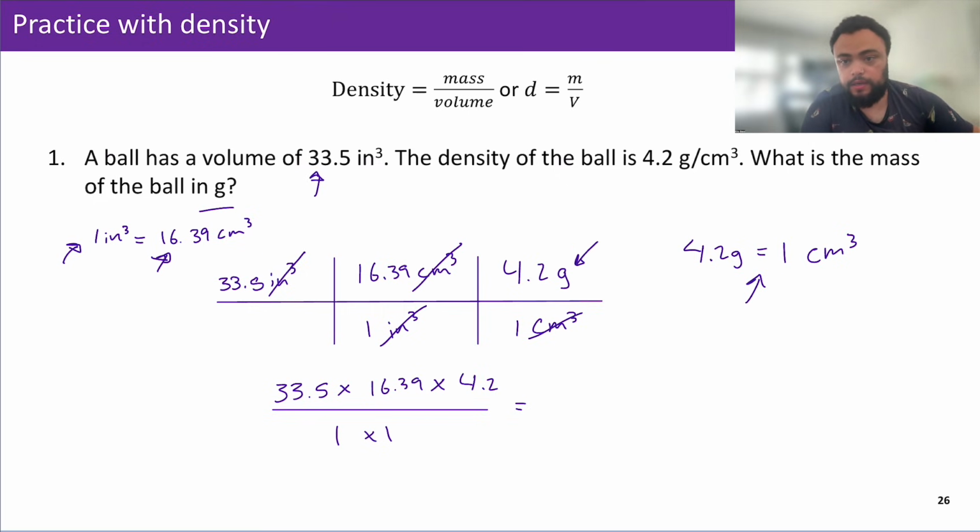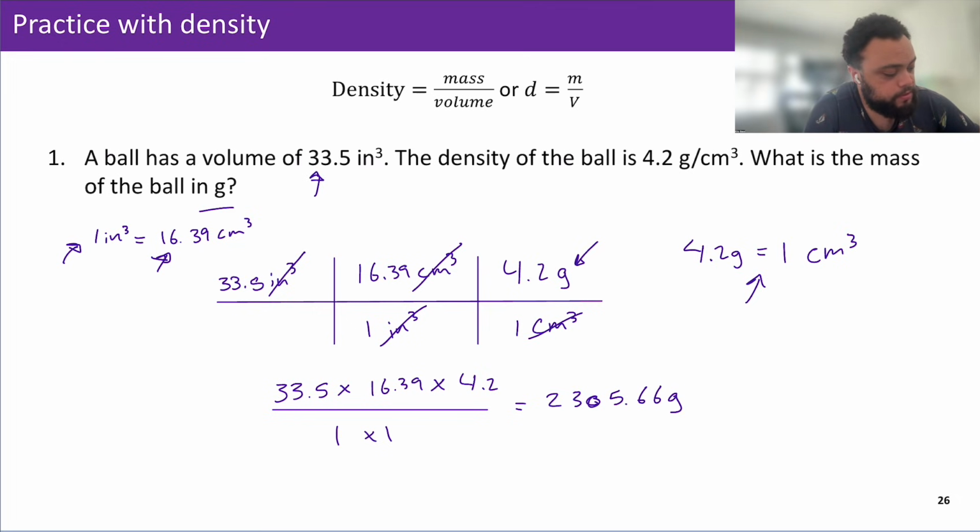This ends up giving us the answer 2,305.66 grams, which when we adjust for two significant figures right there, or three.